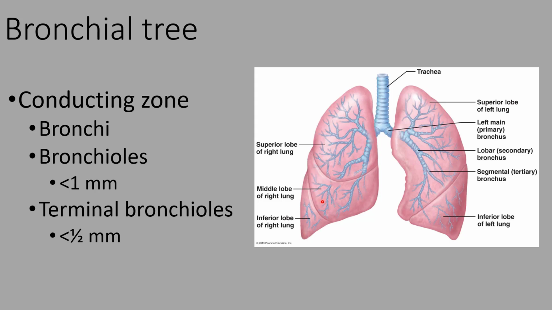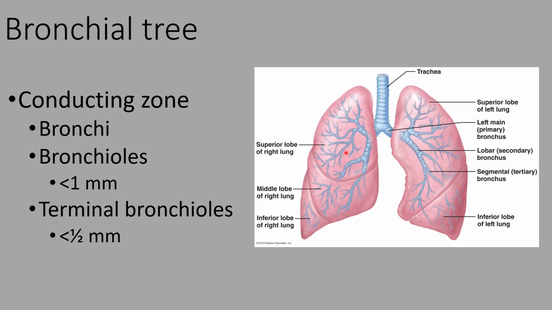All right, so we've moved down through all of the different bronchi, and at some point, the bronchi are going to get so small that we call them bronchioles. Bronchioles are just really small bronchi. They are about 1 millimeter or smaller in diameter.